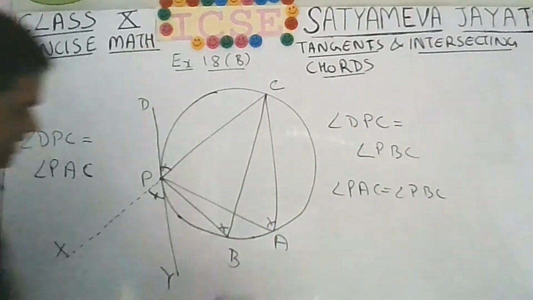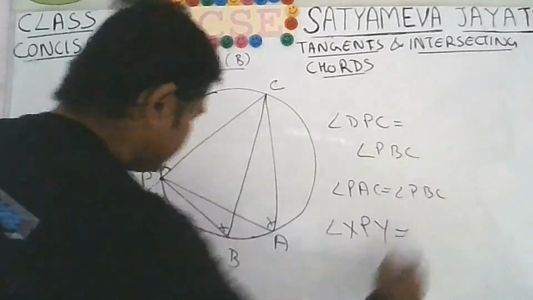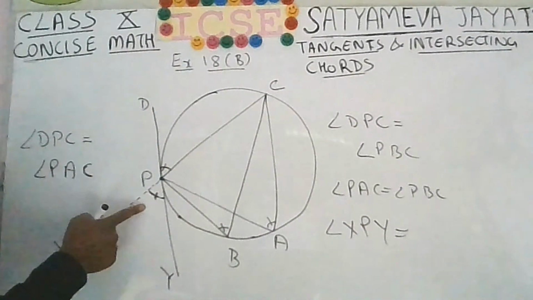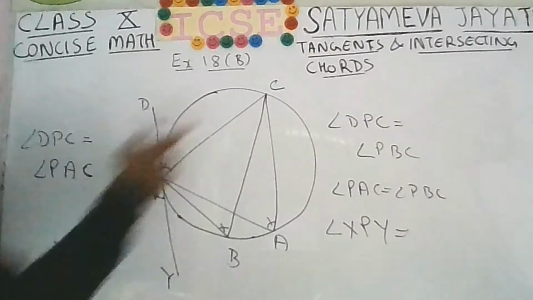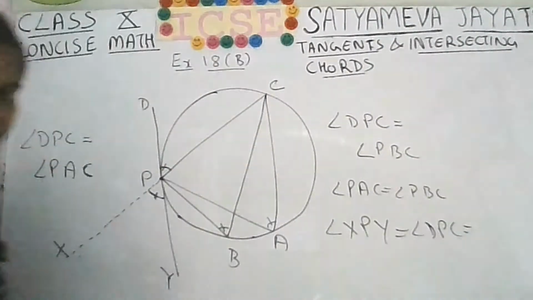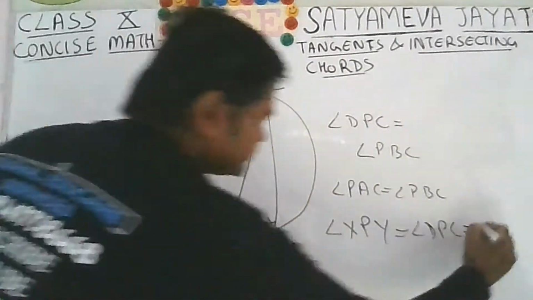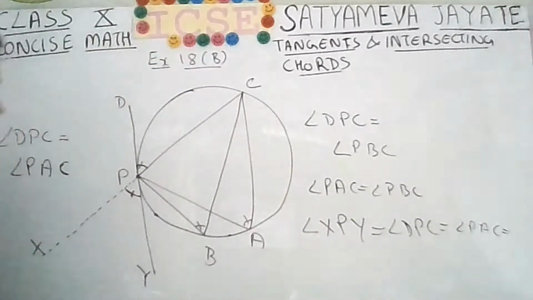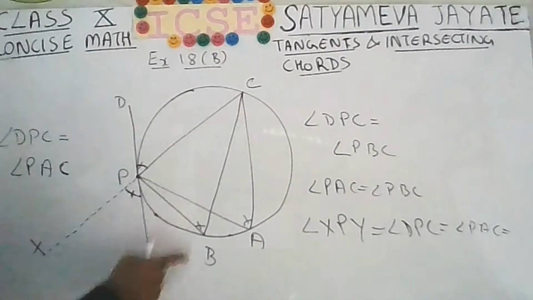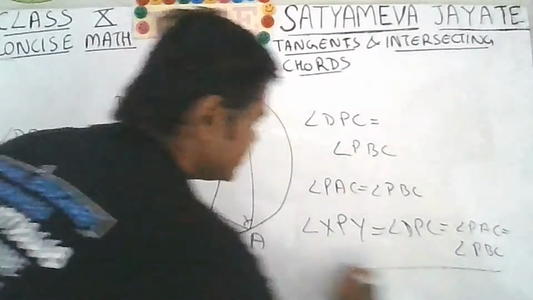So you can also say that angle XPY will be equal to its vertically opposite angle, angle DPC, and then angle DPC will be equal to angle PAC and also angle PBC.